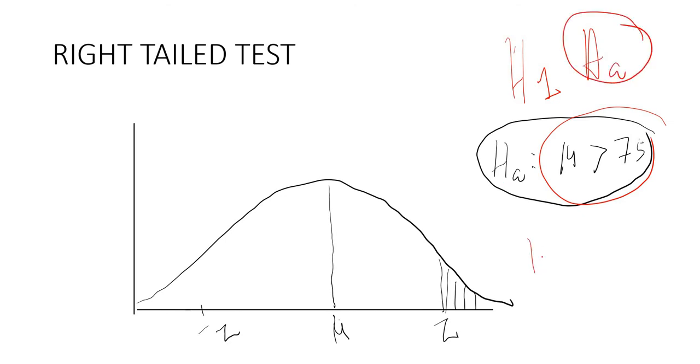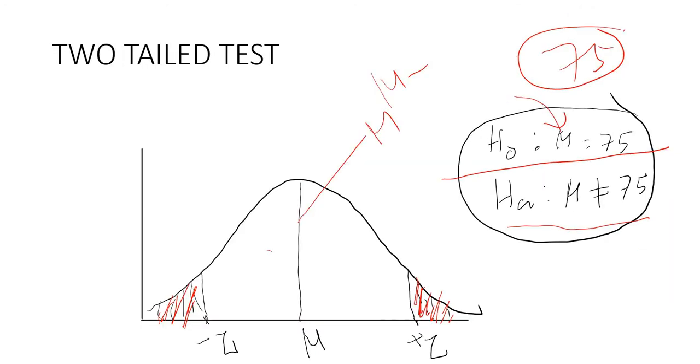In the case of H1, if mu, the average value, is greater than 75, this point is 75 and the mean is greater than this, then this is a right tail test. You got it? Now I think you understood.